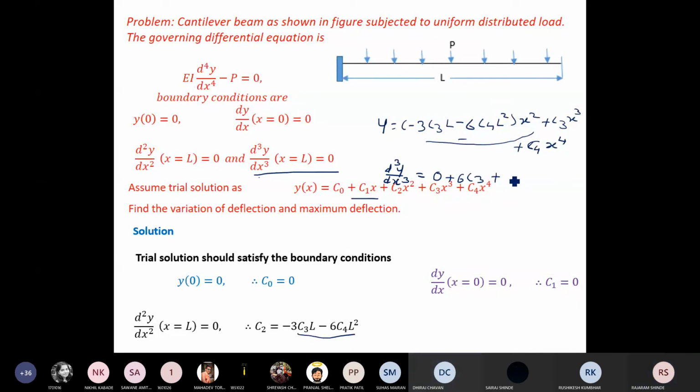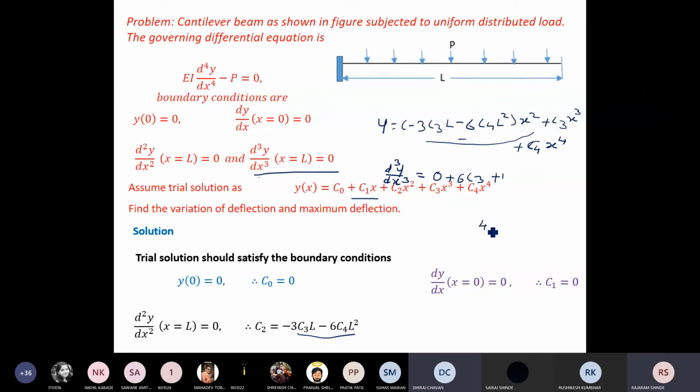Plus here 12, no? 4c4x cube, second derivative is 12c4x square.